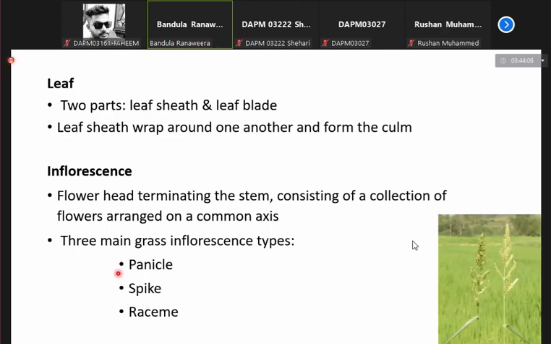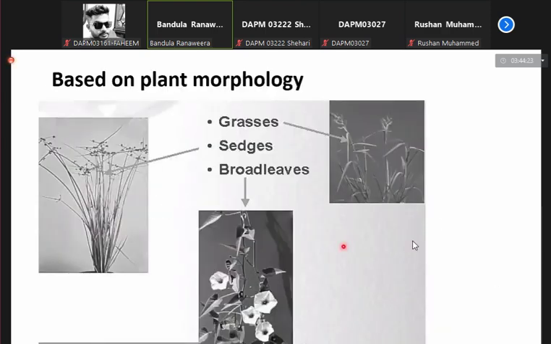In grasses, the leaves have two parts. One is the leaf blade, and the other one is the leaf sheath. This is the leaf blade, and the other part is covering the internodal spacing of the plant.